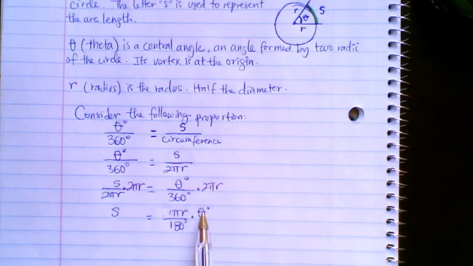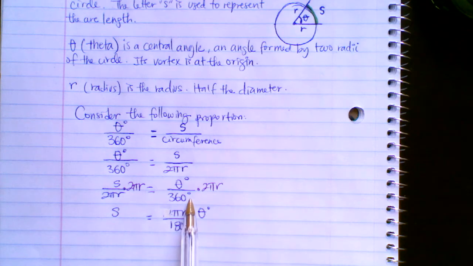If theta is in degrees, remember I can divide the 2 on top and the 2 below. 2 goes into 2 once, and 360 divided by 2 is 180. That's why I end up with 180.